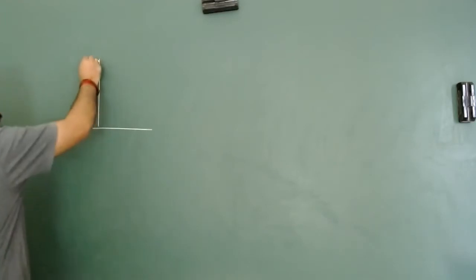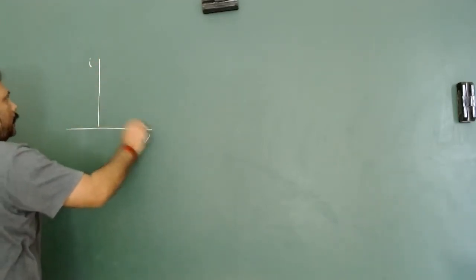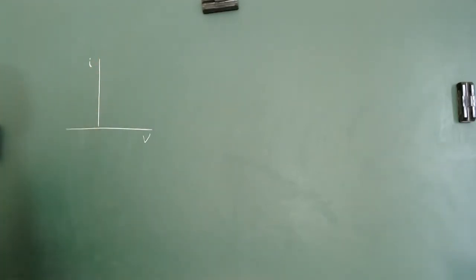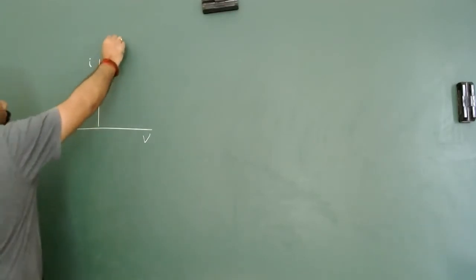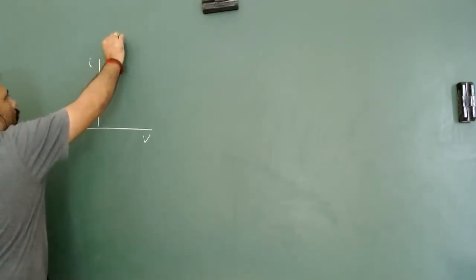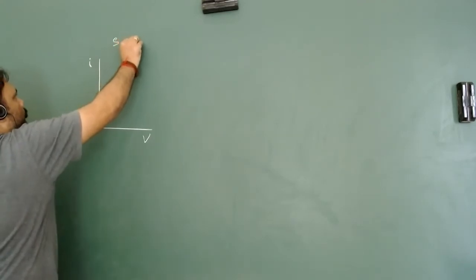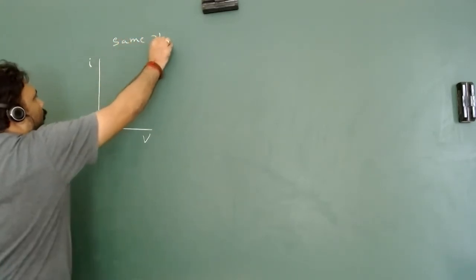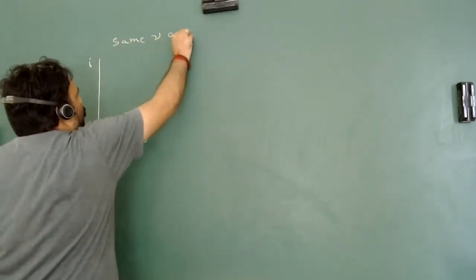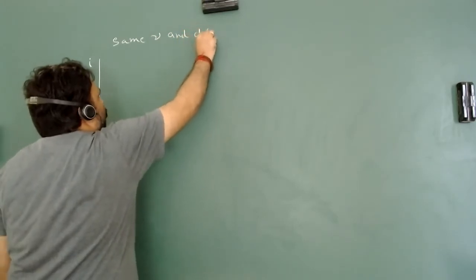So we have seen that the first curve is the IV curve, where I is current and V is potential, and we plotted it for the same frequency and different intensity.